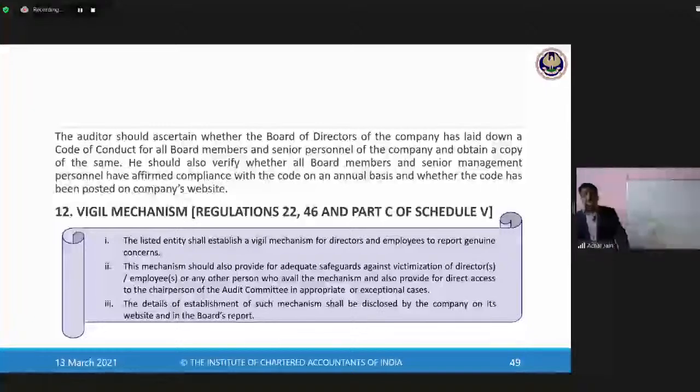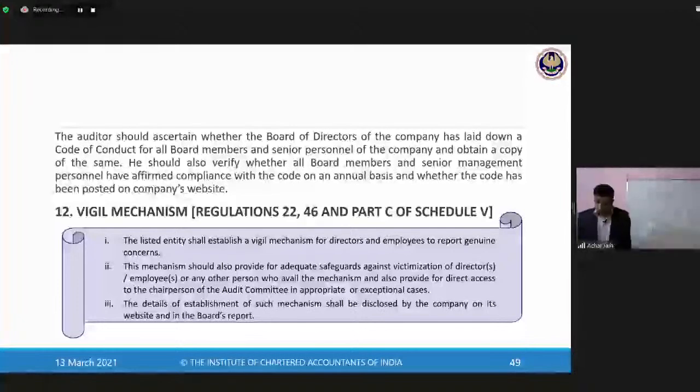This mechanism should also provide for adequate safeguards against victimization of directors, employees, or any other person who avail the mechanism, and also provide for direct access to the chairman or the chairperson of the audit committee in appropriate or exceptional cases.